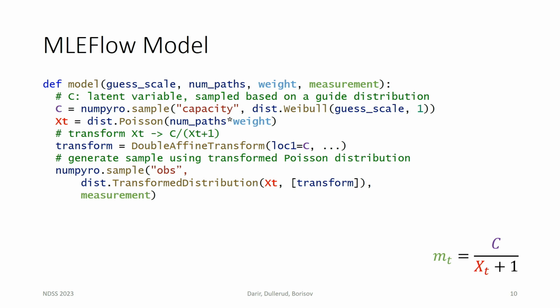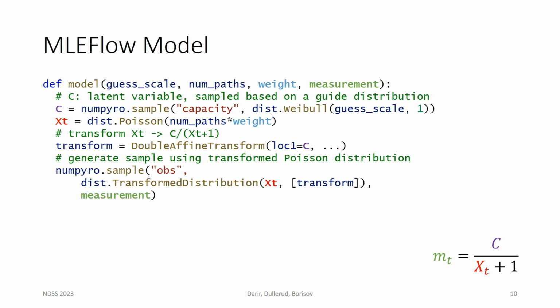What does this model look like? Well, this is a slightly simplified implementation of a model that essentially captures this equation, this m_t equals c over x_t plus 1. The first line defines the capacity, c, as being sampled from an unknown distribution. The second line represents this random variable that represents cross traffic, x_t in our model, that's coming from the Poisson distribution.